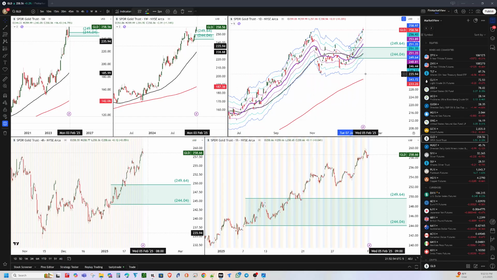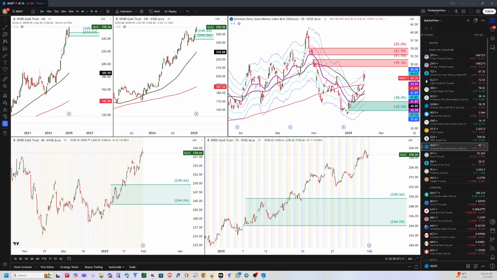And then if you want to participate with the bull 3x or 2x, NUGT is the gold miners index. This has two resistances on the upside, 49, 50 area, but right now gold is selling off a little bit.